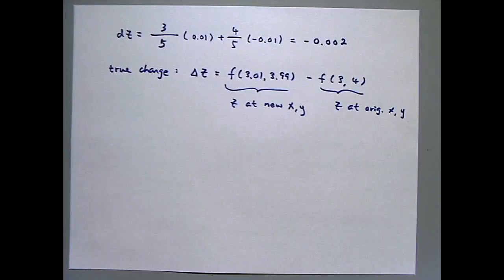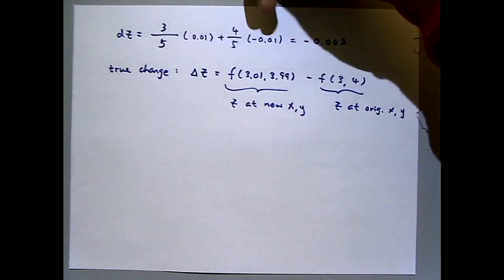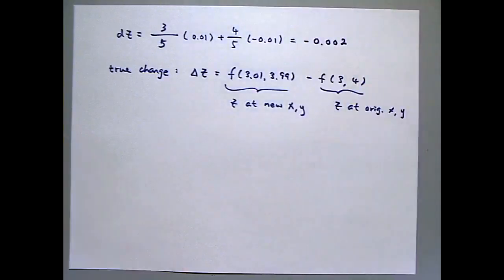Okay, so that's what the differential does. It's a rough change in the function in the presence of a small change in x and y. And of course, the same thing applies to higher dimensions.